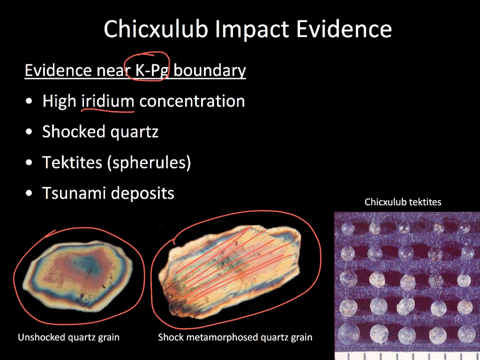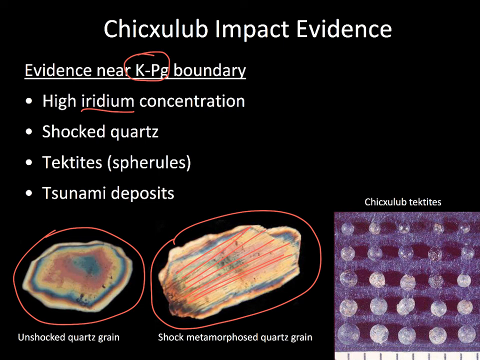Third type of evidence in the KT or KPG boundary is the presence of tektites or spherules. This is a weird analogy, but if you drop a rock into a glass of milk, all of the milk sort of spews out from the impact of the rock in little droplets. And so what's happening when a large object hits the Earth is it's basically liquefying the solid material of the Earth.